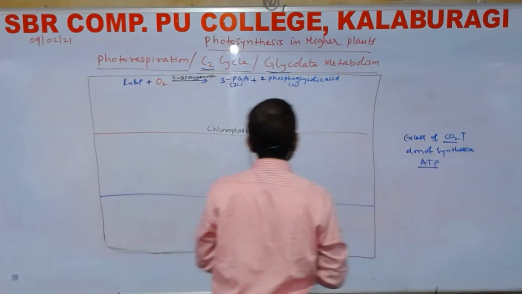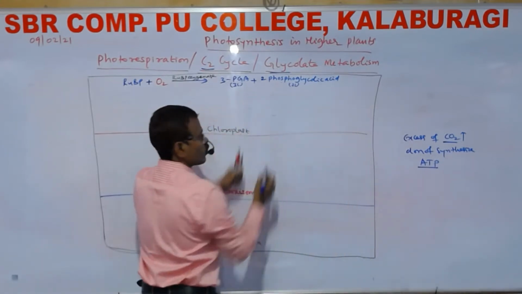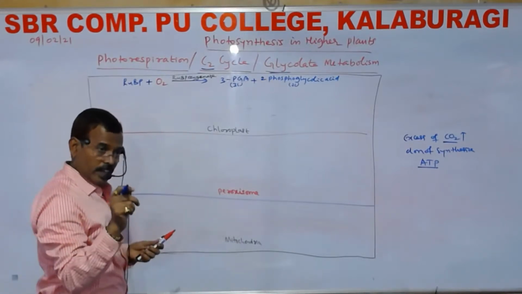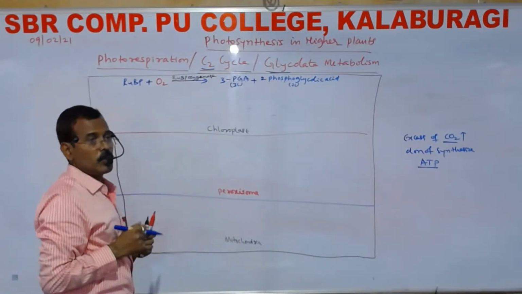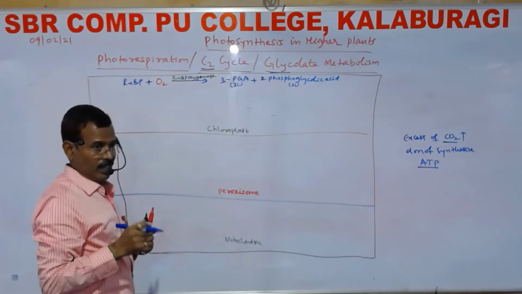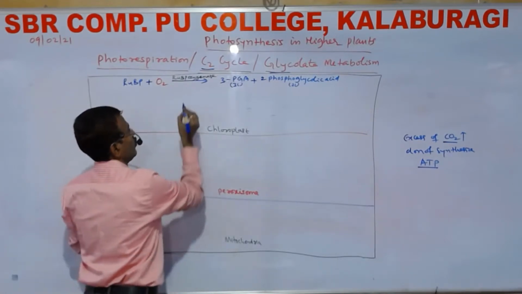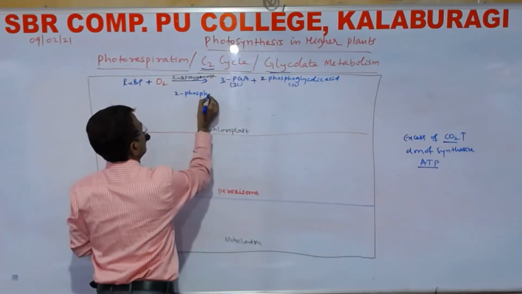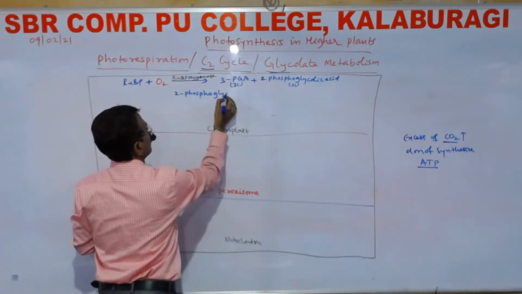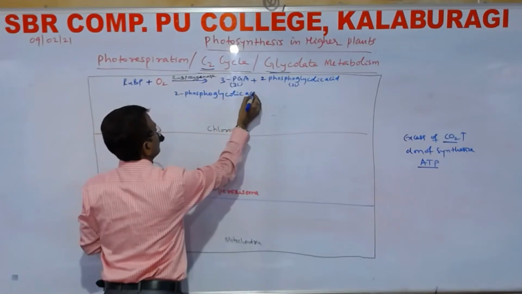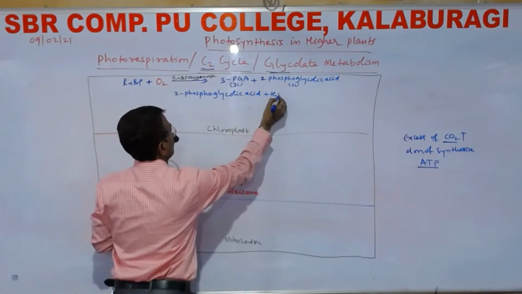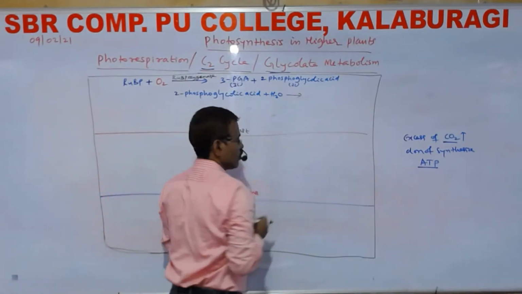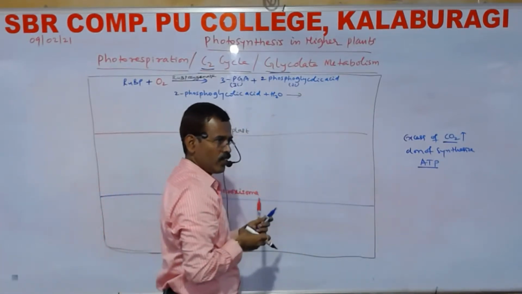Now, this 2-phosphoglycolic acid, which is formed in the chloroplast, undergoes hydrolysis. 2-phosphoglycolic acid plus H2O, it undergoes hydrolysis in the presence of phosphatase enzyme.